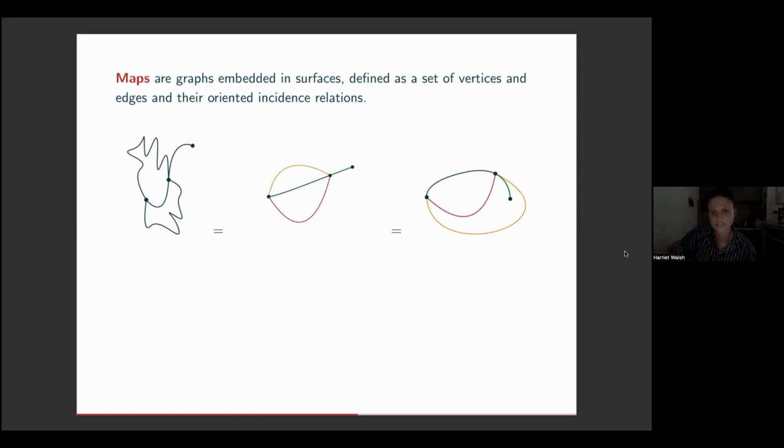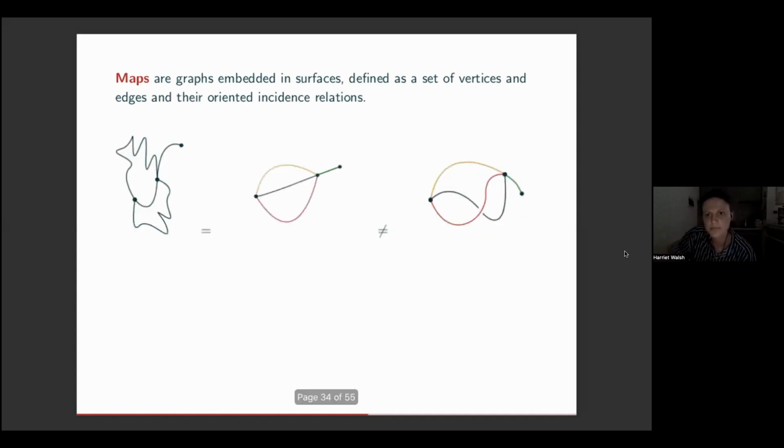So for instance, we consider these are all equivalent graphs, but they're also equivalent maps. But here we've taken the same graph and we've got a different map by exchanging two of the edges. And here as well, these two different maps of the same graph are drawn on different surfaces. So the one on the left is drawn on a sphere, and the one on the right needs to be drawn on a torus. We need to punch a hole in the thing we're drawing it on in order to draw this map.